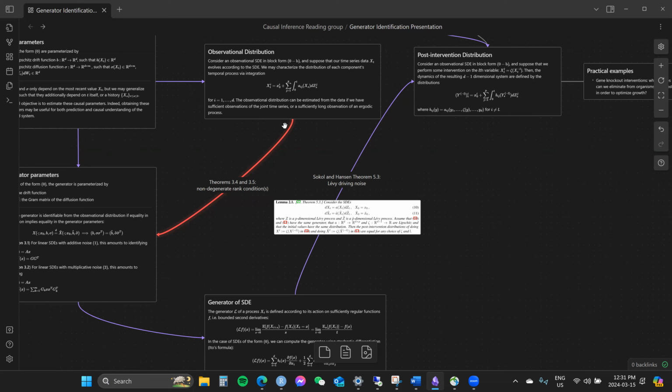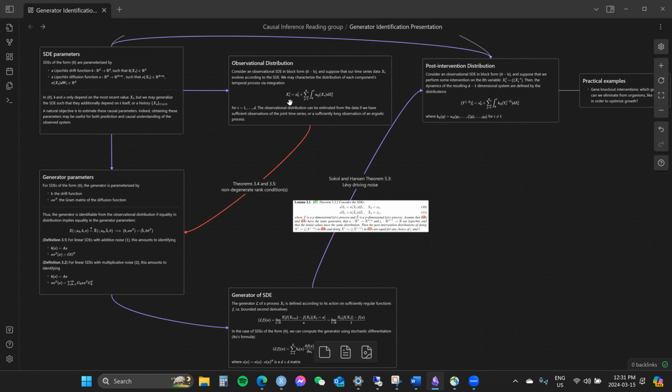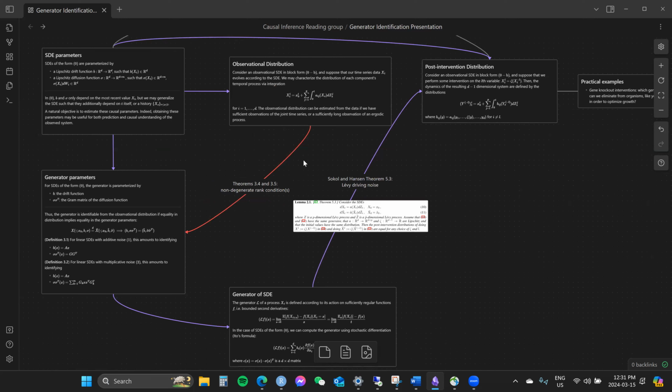To highlight the big picture, if we have the observational distribution, which in practice is multiple samples of the time series data, then the goal is to identify the generator, because a previous paper showed that if you have the generator, you can get the post-intervention distribution, a key notion in causality. So this allows you to jump straight from observational distribution to post-intervention.